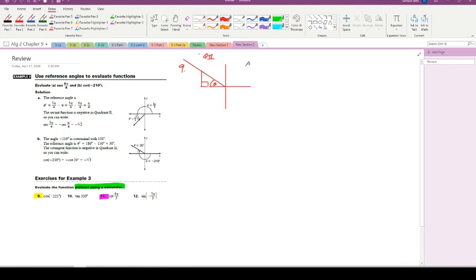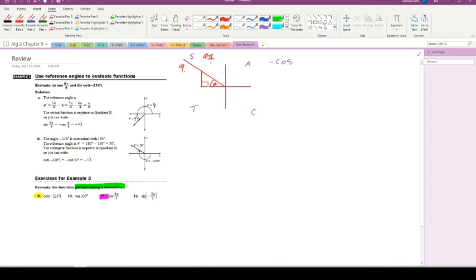All students take calculus. Well, only the sine and cosecant are positive here. I'm looking for the cosine, so my answer has got to be negative. So it's going to be the cosine, and it's going to be negative of whatever the angle is.